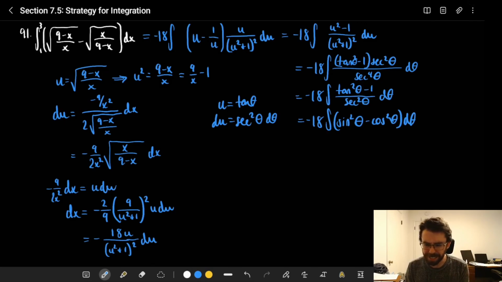Oh, is there a trig identity for sine squared minus cosine squared? That's easy enough to look up, I suppose. Maybe that'll make my life nicer. Let me just Google trig identities.